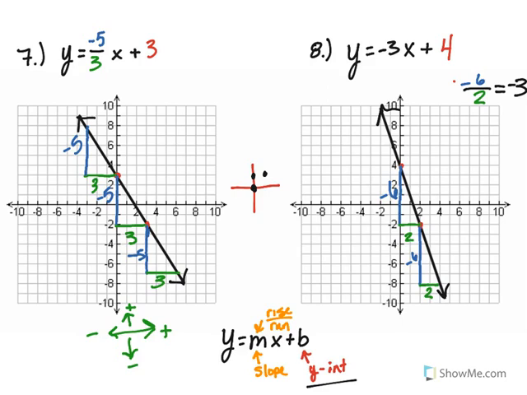But on your graph, you guys, we should be able to see this. So if I go down 3, I do go to the right 1. I could go down 3 and to the right 1 again. Down 3 to the right 1. Down 3 to the right 1. So this is the same slope for this whole line.